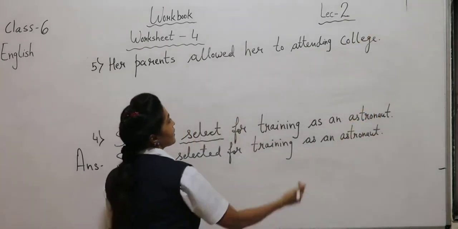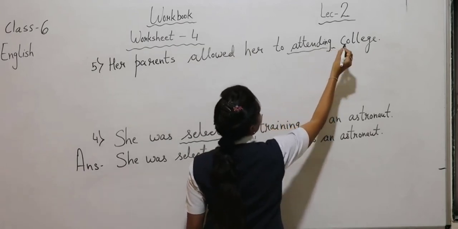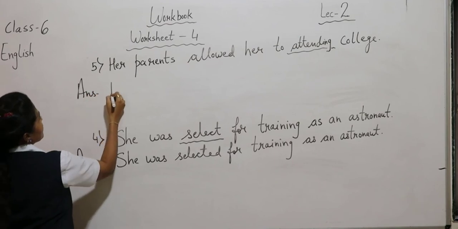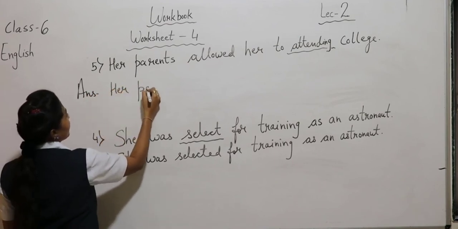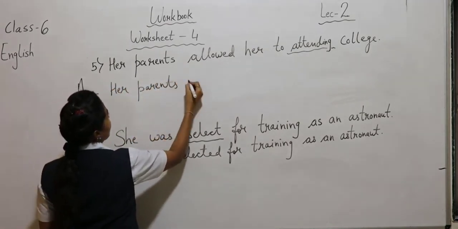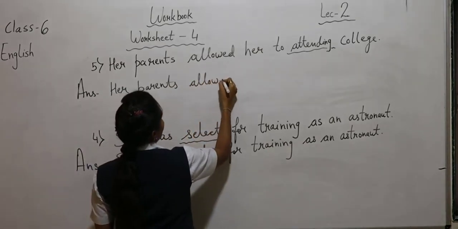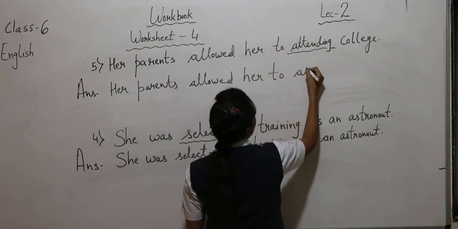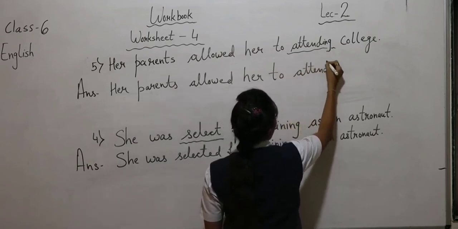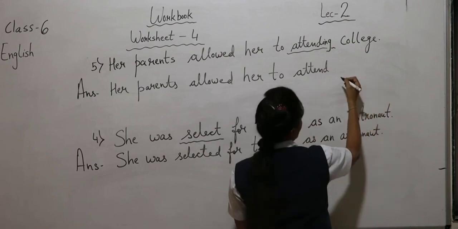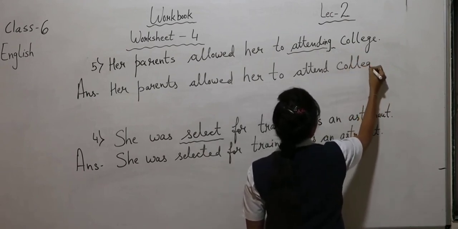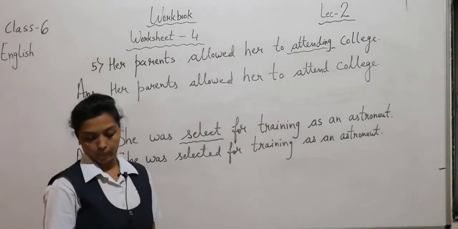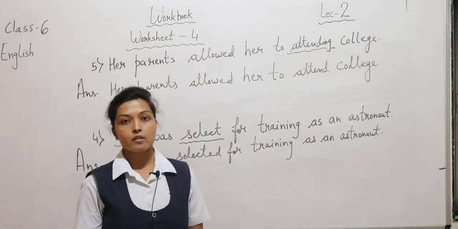So in this sentence, attending is the wrong word. So the answer is, her parents allowed her to attend college. So one is still remaining in this.